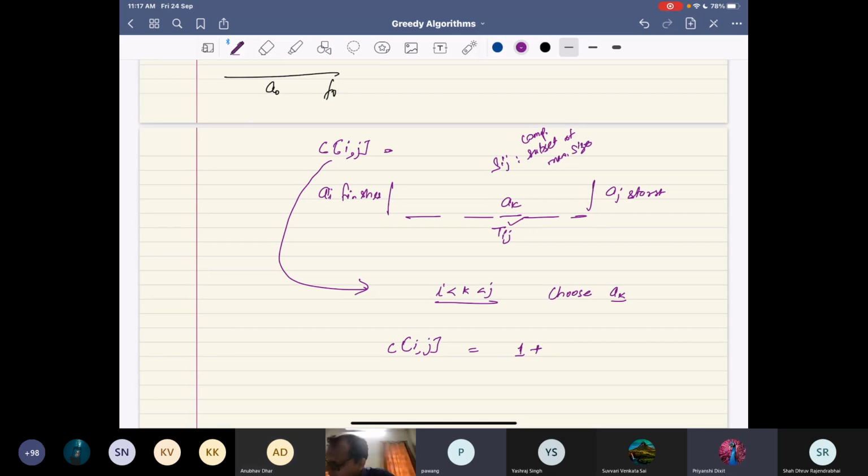So now I will see what is the optimal solution for activities that start from here and finish before Ak starts, plus those that start after Ak finishes and finish before Aj starts. And Ak has been chosen. So 1 plus C of ik plus C of kj.